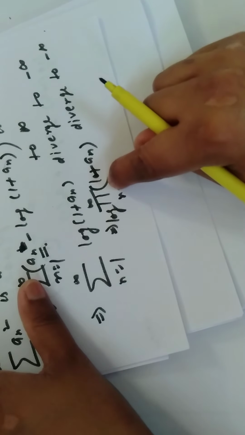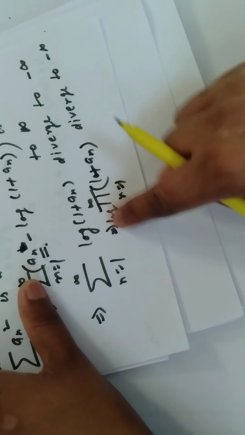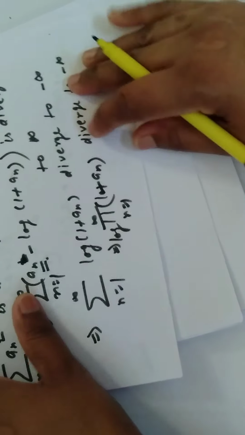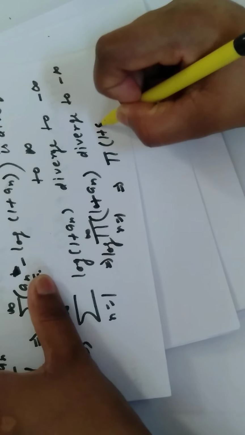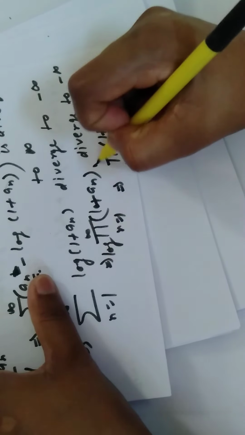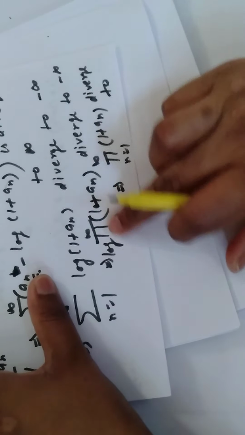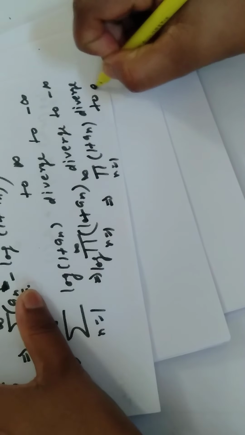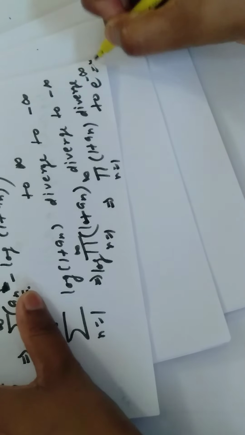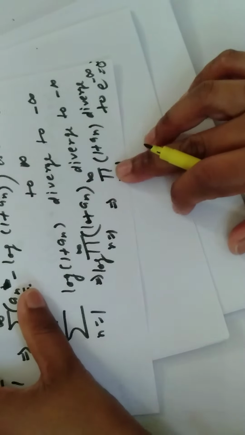Log of a into b is log of a plus log of b. So the summation of logarithms is the log of the product, which diverges to minus infinity, and it implies that the product of 1 plus n diverges to exponential of minus infinity, which is 0, and hence this product is divergent to 0.